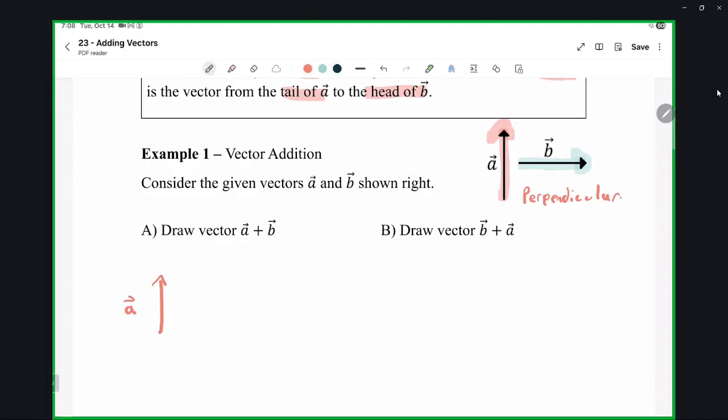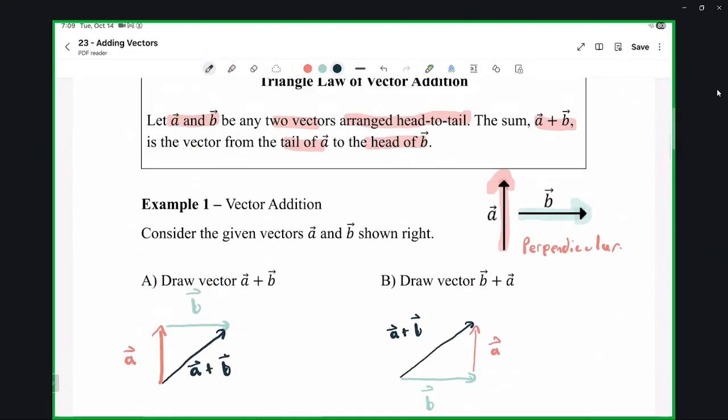And if I add on vector B, I put the tail of B at the head of A, and so I have the resulting vector, A plus B. And if I were to draw vector B first, there it is here, then I could add on A. And then we still get the exact same vector, A plus B. So the order of the vectors does not matter.